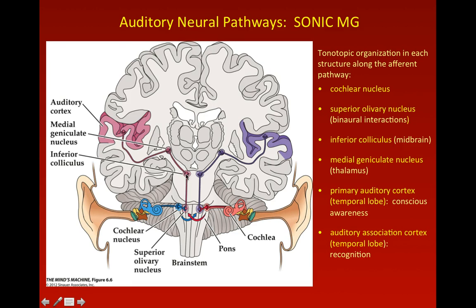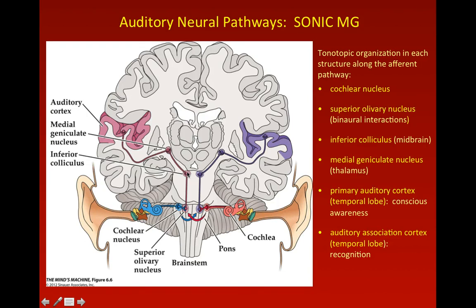They are very important in auditory reflexes, like the startle reflex. If you're sitting in class and someone slams the door behind you and you involuntarily jump, that is a startle reflex to auditory stimuli that is handled by the inferior colliculus. When a noise is really loud and you turn your head away from it, that's an auditory reflex handled by the inferior colliculus. Again, these structures are getting information from both ears.